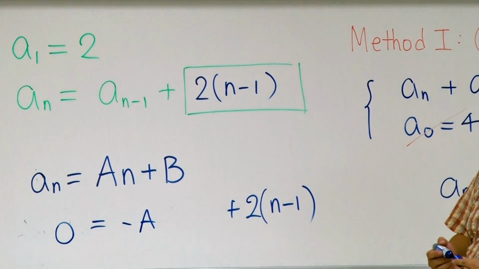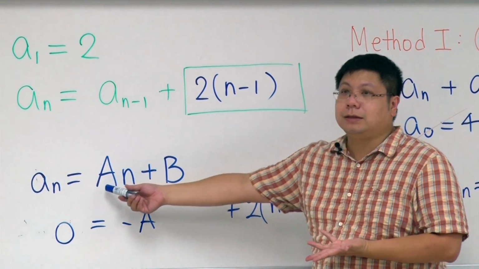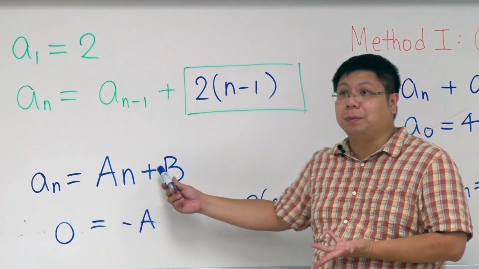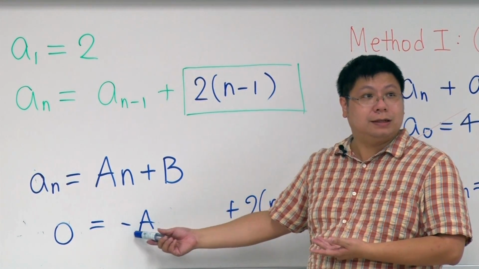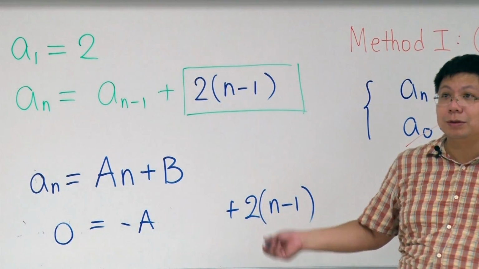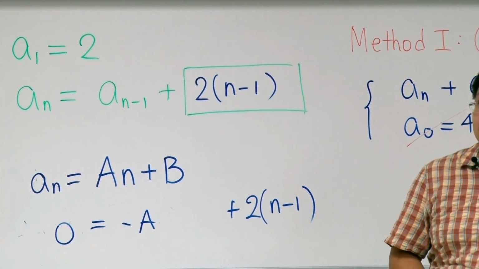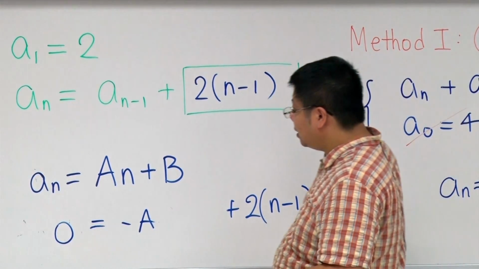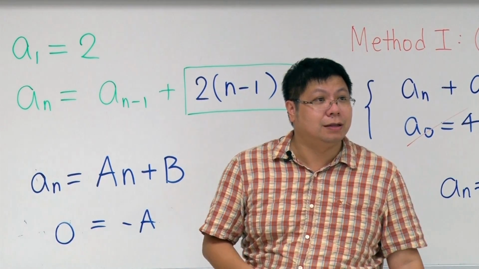And then how do we solve this? There's no way to. So a is supposed to be a certain constant. b is supposed to be a certain constant, right? And there seems to be no way to have minus a plus 2 times (n minus 1) equal to 0, because there's no n term there.